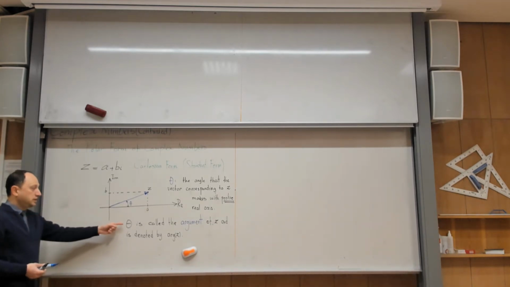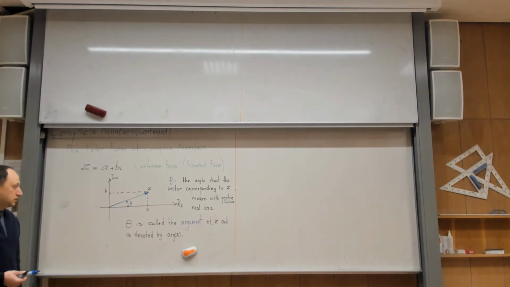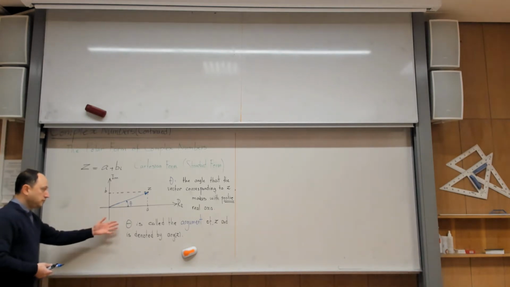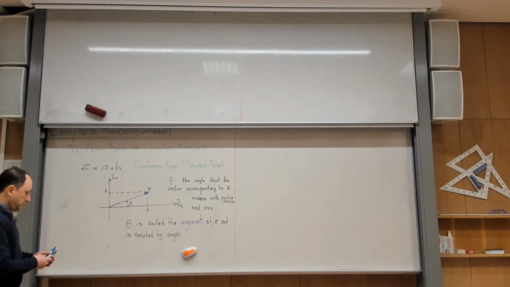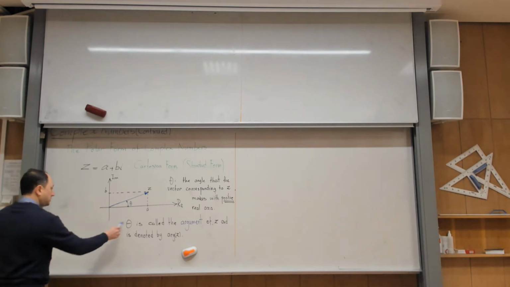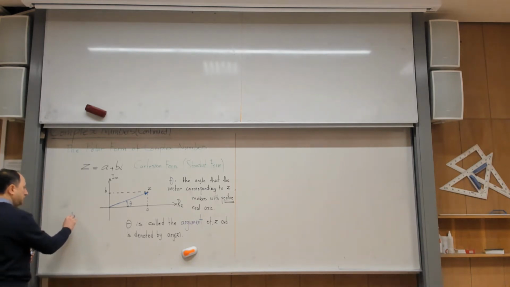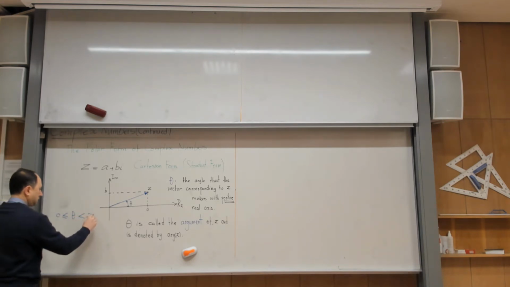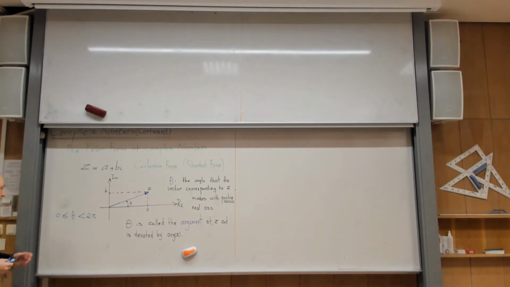And of course, there are conventions going on. There are two main conventions here. One convention is to consider theta to be somewhere between 0 and 2 pi, with 0 included and 2 pi excluded.